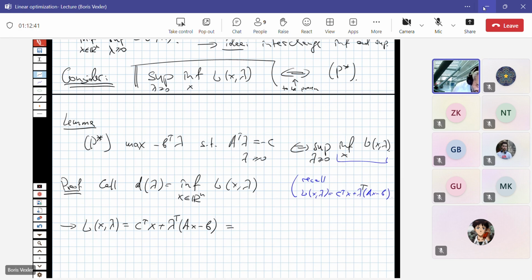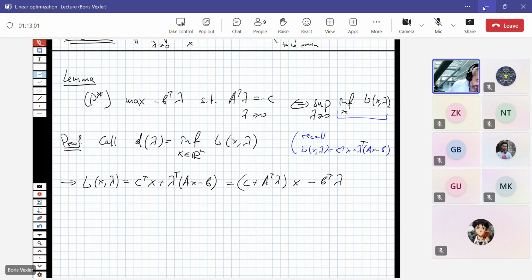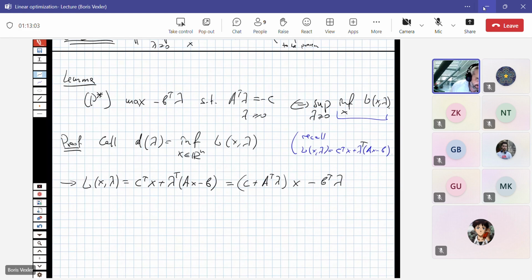Just collecting both terms with x together, you can write this as (c plus A transpose lambda) times x minus b transpose lambda. Do you agree?